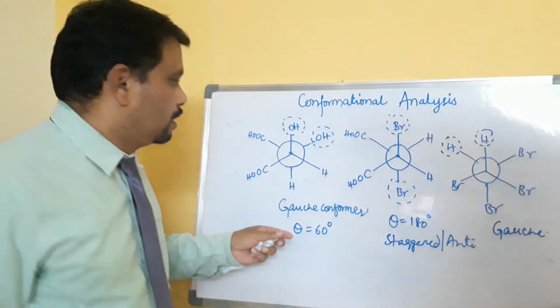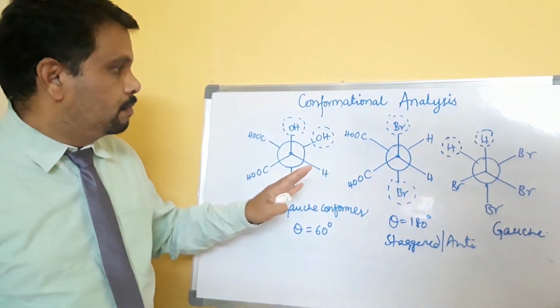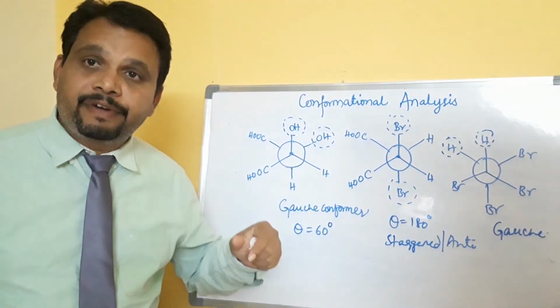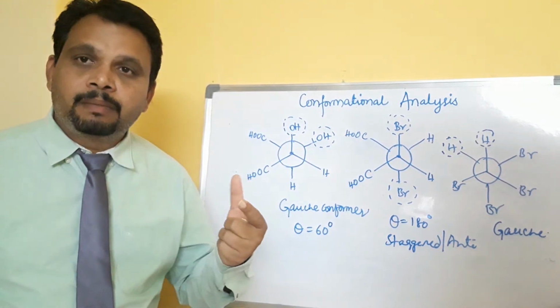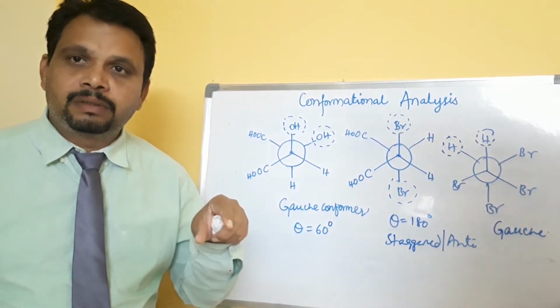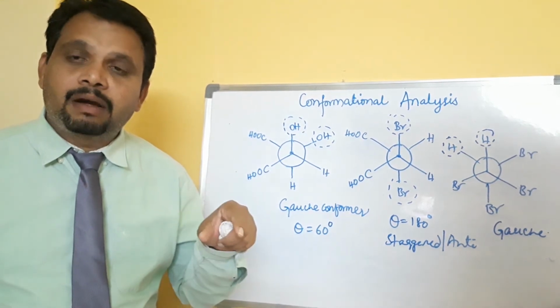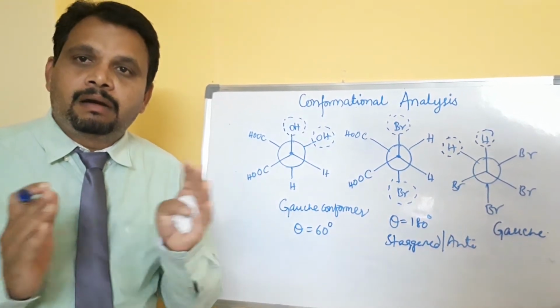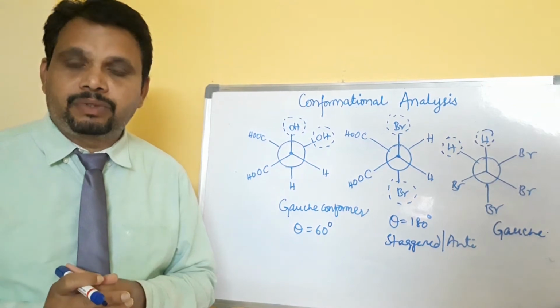Okay, so conformers can be classified into four types based on the top priority atoms or groups which are identical on adjacent carbon atoms.